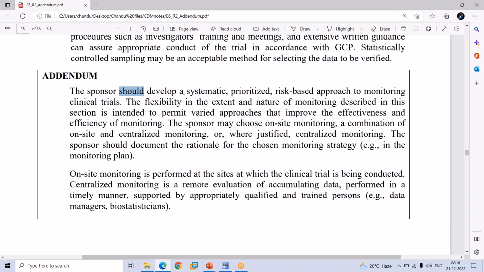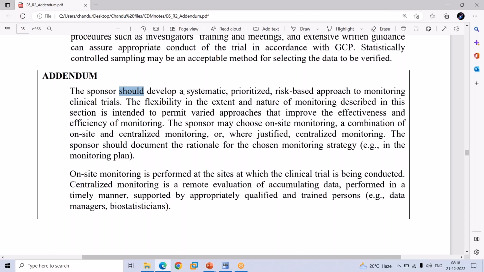The sponsor may choose on-site monitoring, a combination of central and on-site monitoring, or, where justified, only centralized monitoring.